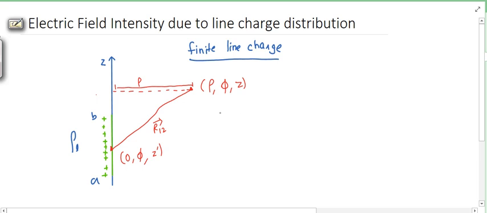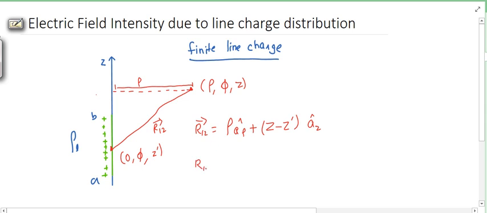So what will be the r12 vector? It will be the field point minus the source point which I am considering. So rho minus 0, it will be rho a_rho cap, plus phi minus phi will cancel each other, and z minus z dash will be a_z cap.